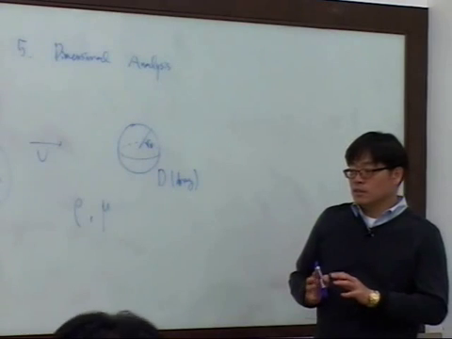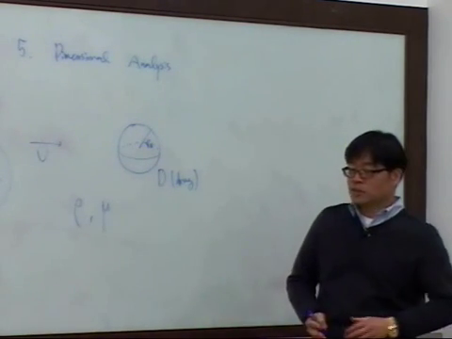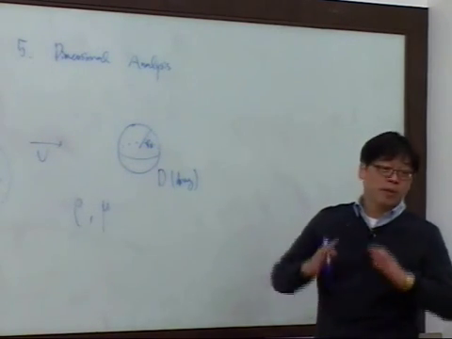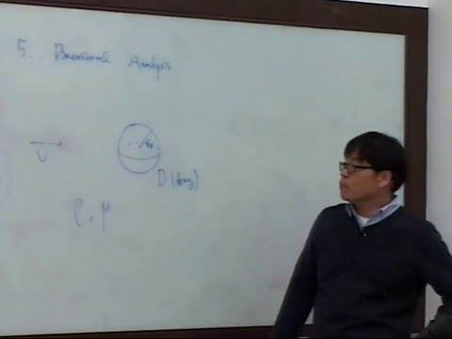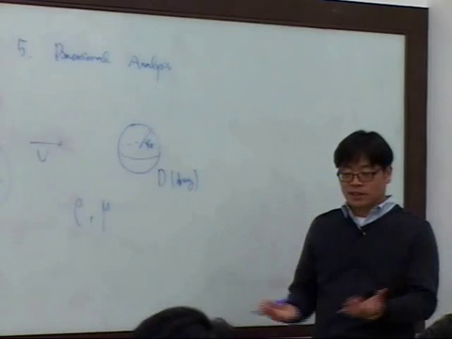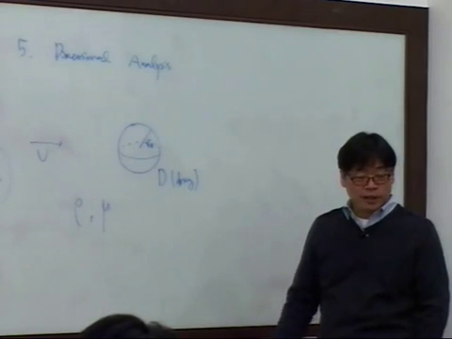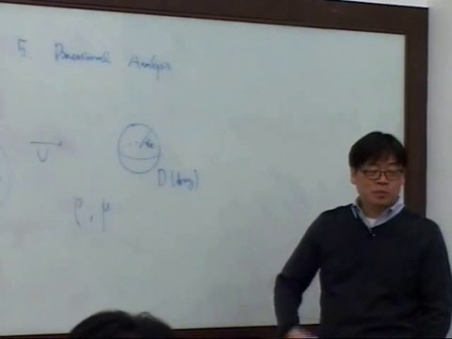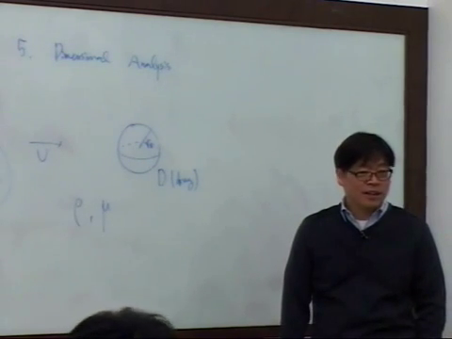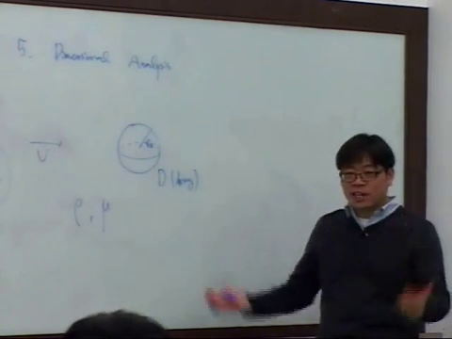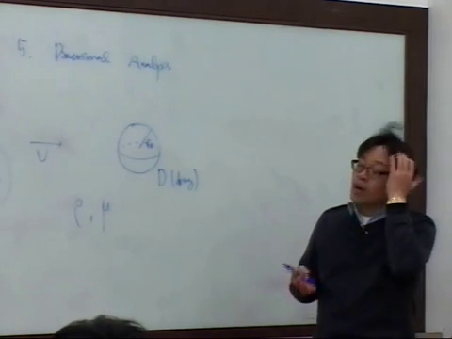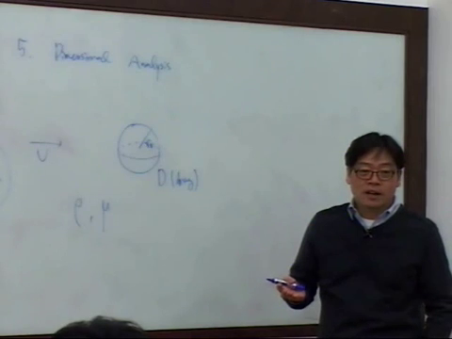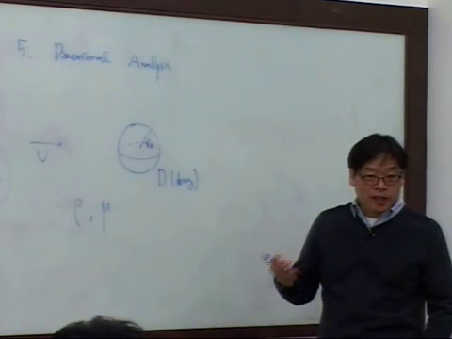But let's say you made the sphere whose diameter is 1 meter, a big sphere. And the next time, suppose you have a different radius of sphere, then you have to do the experiment again. And in addition to that, you have to make another sphere to do the experiments to know the drag for the new sphere, which is a lot of work.